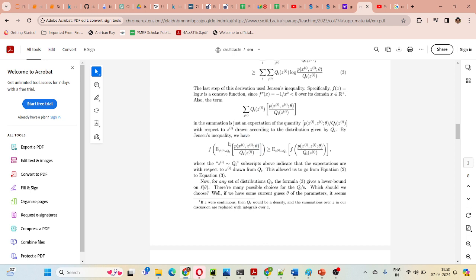That is how you get this expectation, and you apply the function here. The other way is to calculate the expectation of the function. So this is higher and this is lower. For any distribution Q, formula 3 gives a lower bound on L(theta). So you get a lower bound.